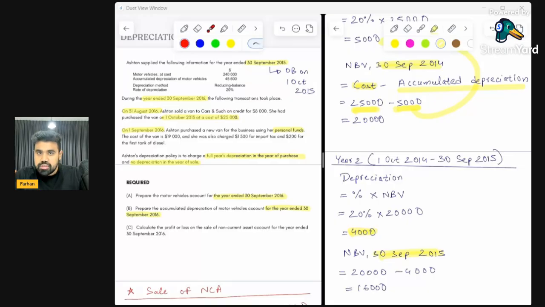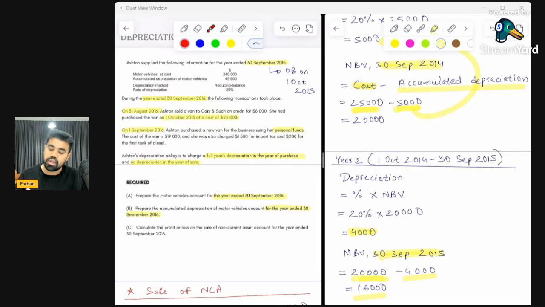So it's logical to say that in year two, if you want to find the net book value, you could just simply take the net book value that you had got at the end of year one, which is 20,000, and subtract the new depreciation that you have calculated for year two. So 20,000 minus 4,000 would give you $16,000 in net book value at 30 September 2015.